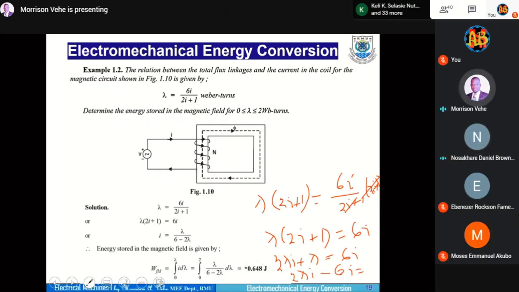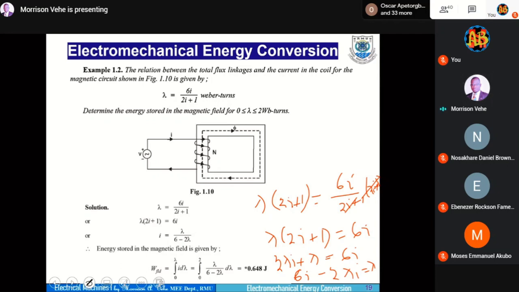Okay, so we will just make i the subject, and this is what we are going to get. Then you want to integrate it so that you can satisfy that energy situation. So 6i minus 2 lambda i will be equal to lambda.